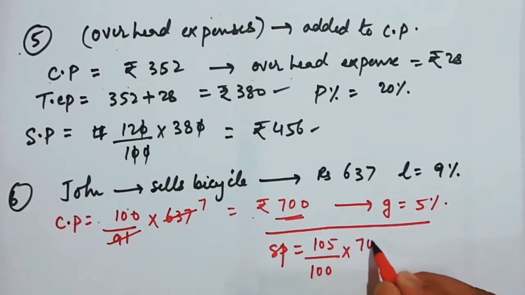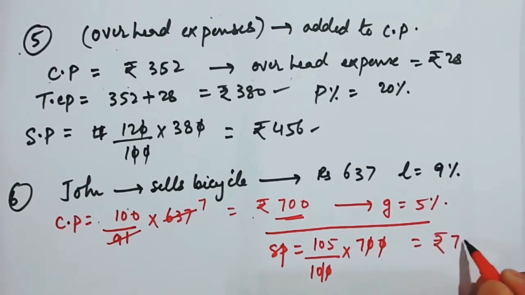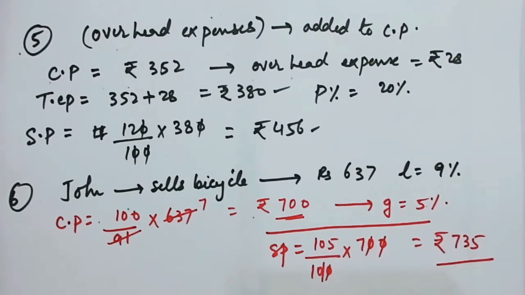Cost price is your 700. After cancellation, we get rupees 735. Of course, when he gains 5%, naturally the selling price will be more than the cost price.